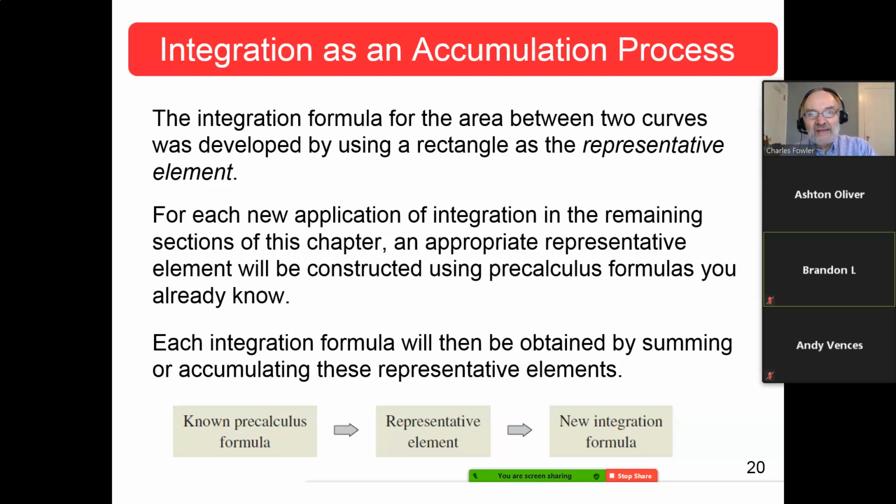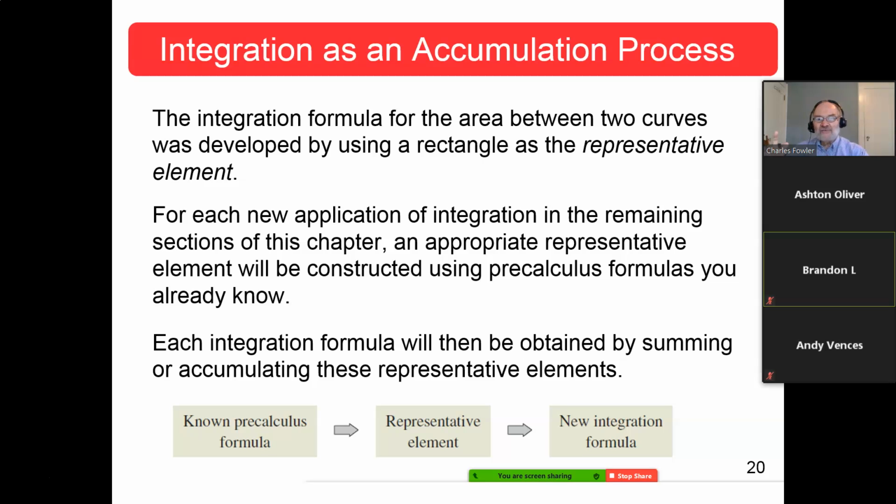Okay, the integration formula for the area between 2 curves was developed by using rectangles as a representative element. For each new application of integration in the remaining sections of this chapter, which is not going to be too much, an appropriate representative element will be constructed using pre-calculus formulas you already know.